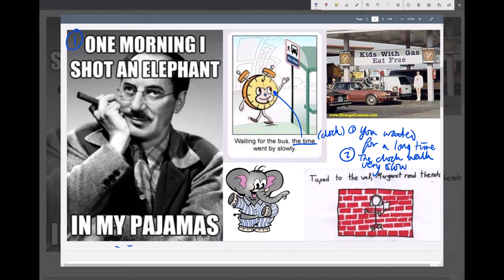Slowly. So, we know that the writer is trying to say that the person who is waiting for the bus waited for a long time. But here, the modifier is too far away from, actually, there's no person here. The person is missing. We don't know who is waiting for the bus.